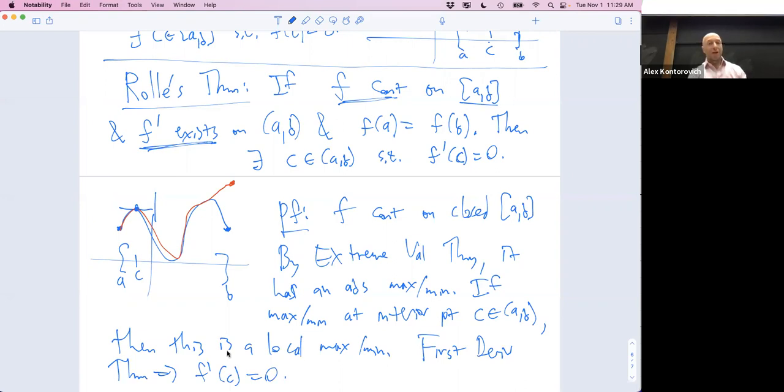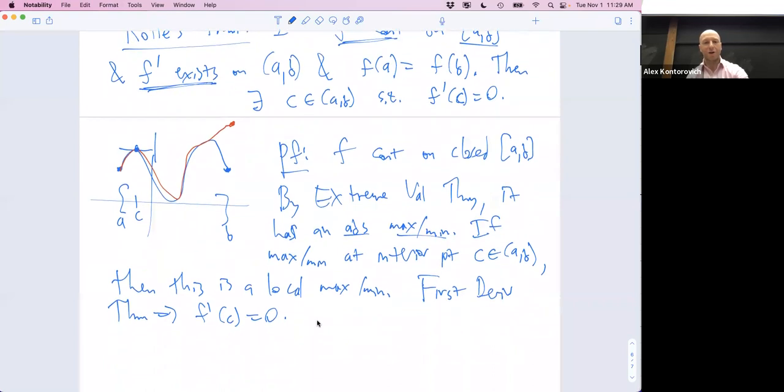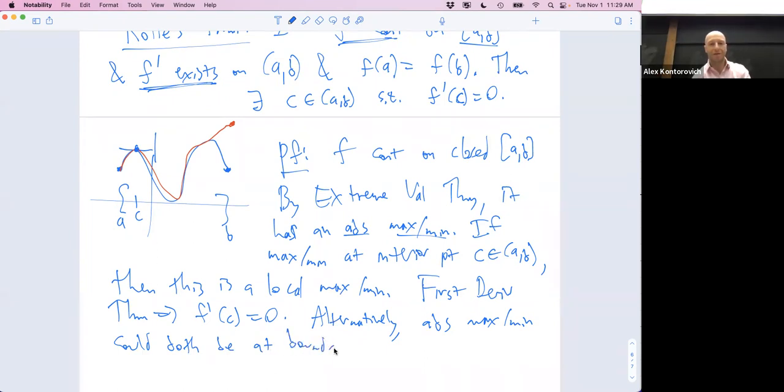The only other option is that, alternatively, the absolute max and min could both be at the boundary. In other words, x equals a and b.